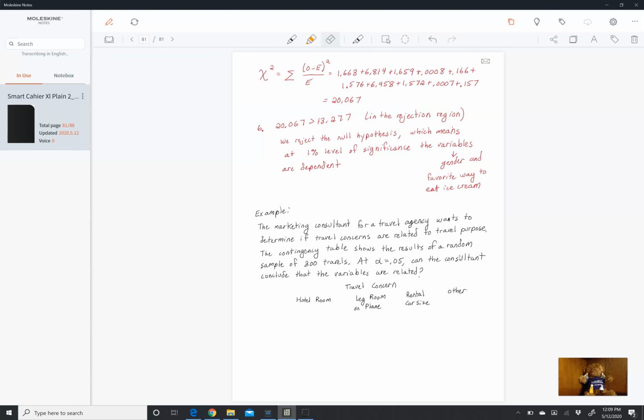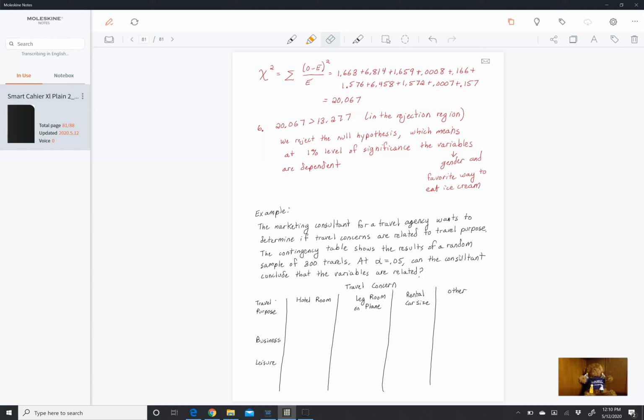The travel purpose could be either business or leisure. So this is the data that's given to you.